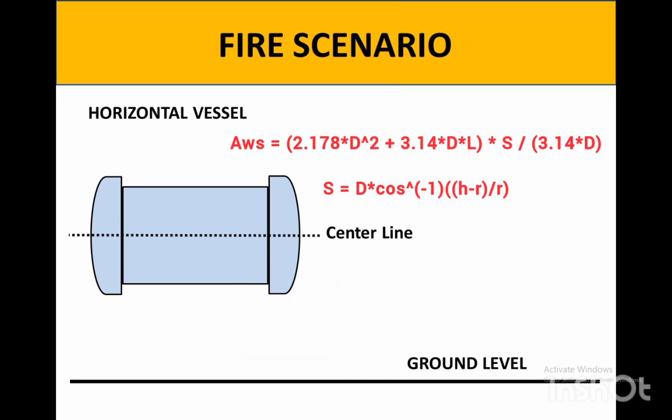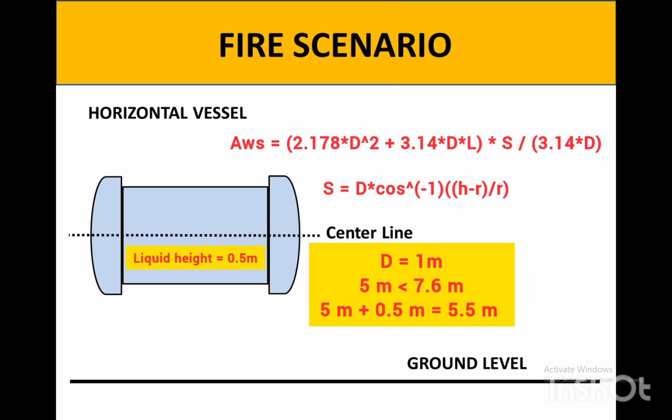So let's consider another example. Let's consider we have a horizontal vessel installed 5 meter above the ground, its diameter is 1 meter, and the liquid level within this vessel is 0.5 meter. Let's consider if fire is applicable or not. 5 meter is less than 7.6 meters, so fire is applicable. But for how much of this liquid height is fire applicable? The liquid level within this vessel is 0.5 meter, and the vessel height is 5 meter.